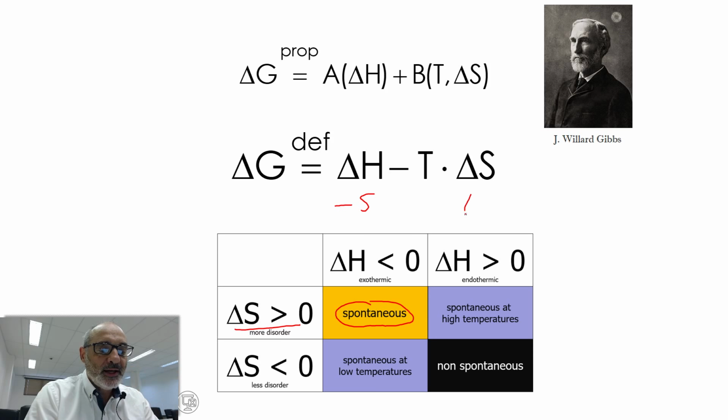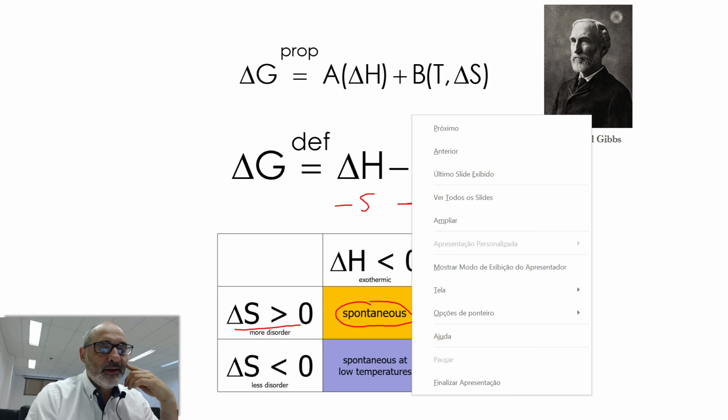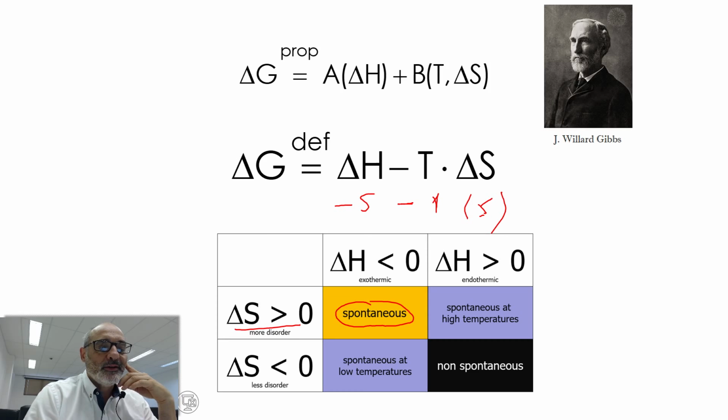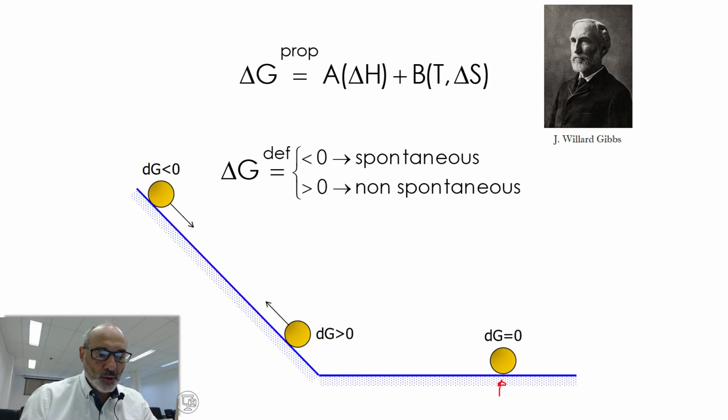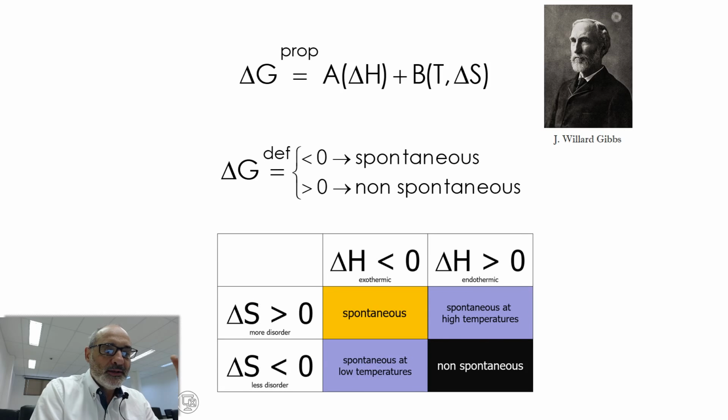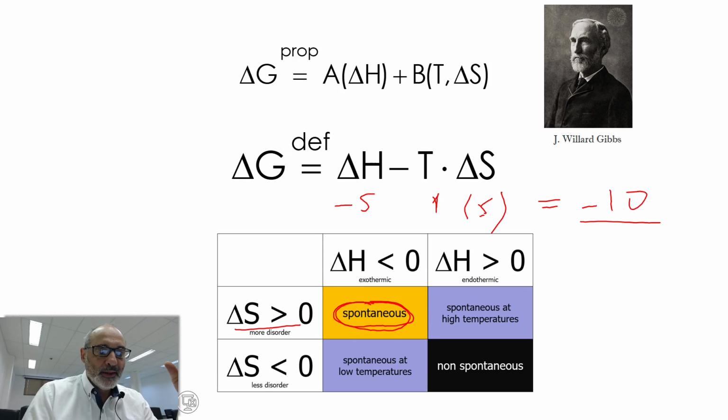Let's say I have 5 as delta S, the temperature is 1, and I have the minus sign here. So this is equal to minus 10. These numbers are okay in this situation, and we have minus 10. It's negative, so the process is spontaneous. So we already satisfied this situation.